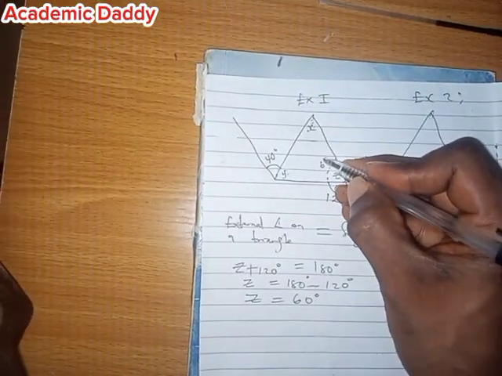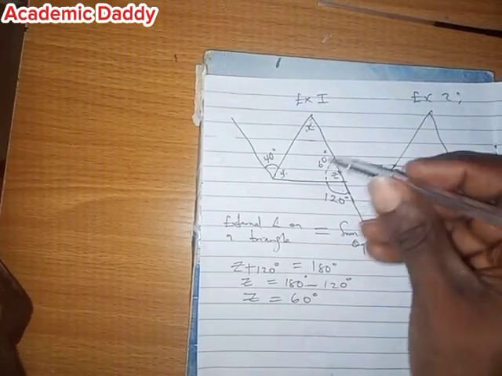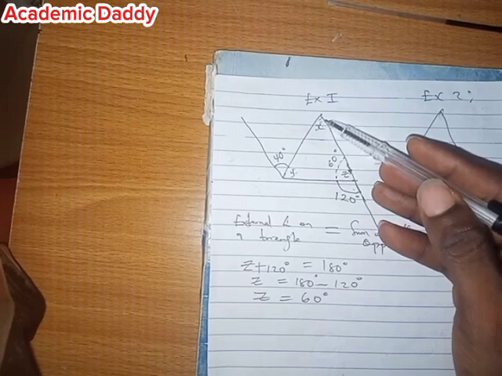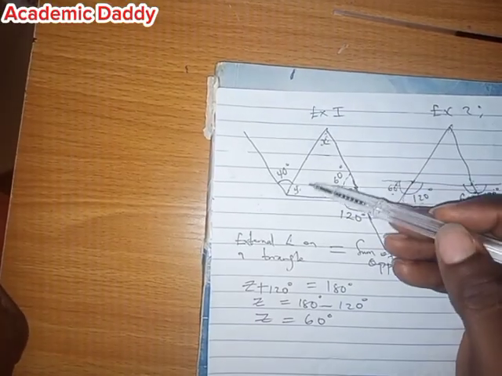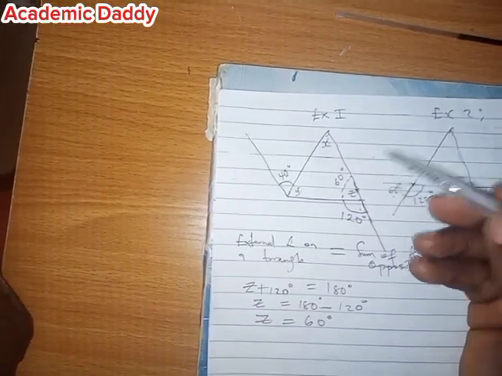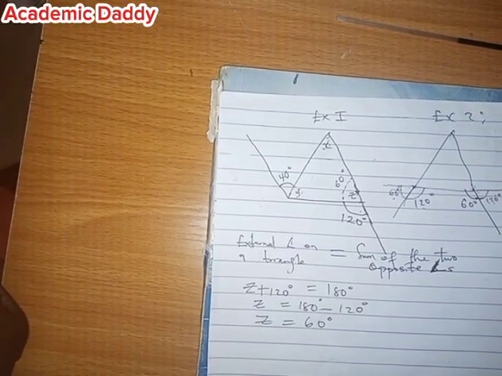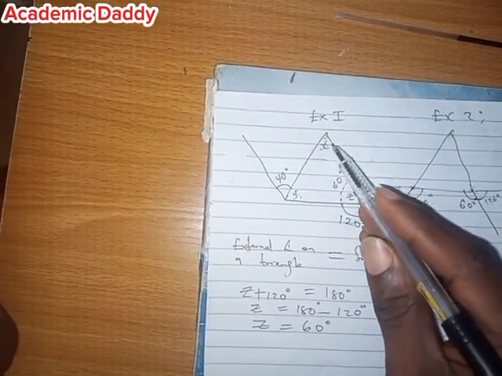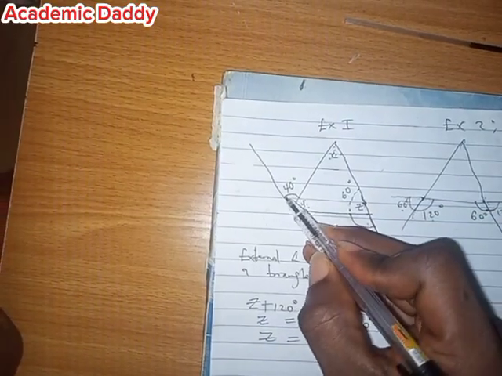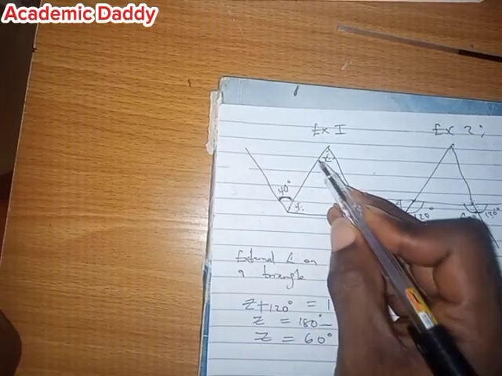So once I get this to be 60 degrees, I can now say that angles in a triangle equal 180. I don't know y and I don't know x. But notice this angle here is the same as this angle here.